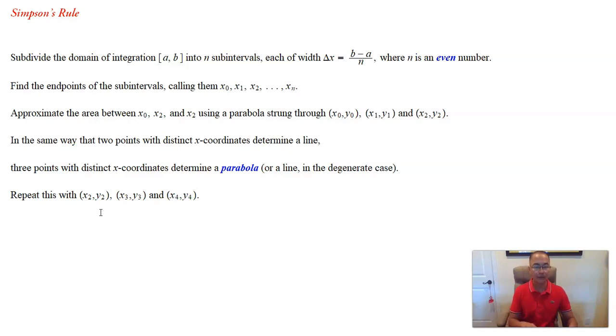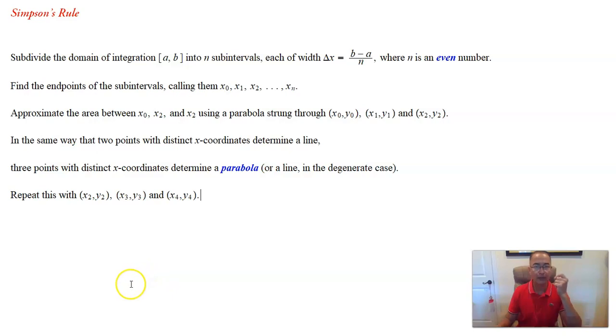Okay, so we're going to take the 3 points, starting with x2, y2, which is the right end point of this parabola. Repeat that with x2, y2, x3, y3, and x4, y4. Okay, so now you can see why the number of subintervals has to be even. The last point here is x2, y2. The last point here is x4, y4. The next triple will end with x6, y6. Okay, so those subscripts are all even, right?